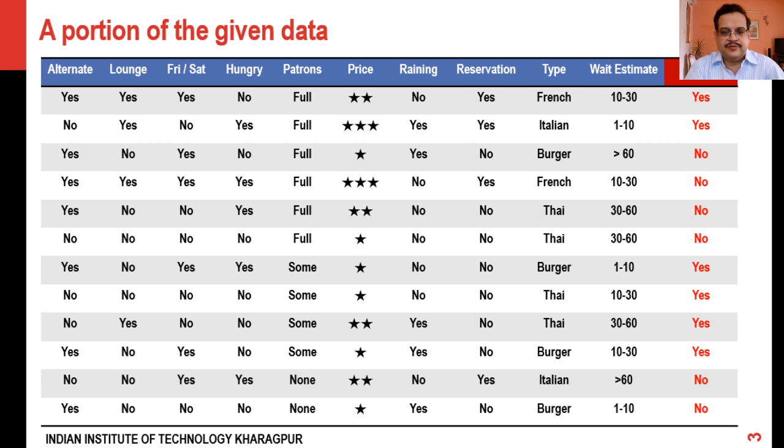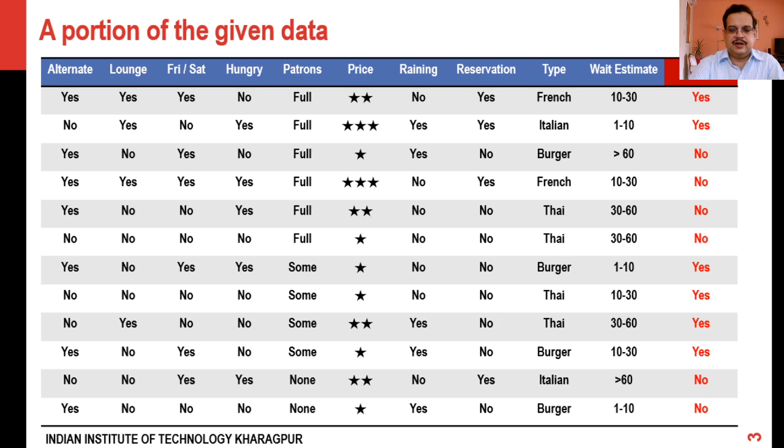Then this person for whom the data is given here decided to wait, so the decision was yes. And similarly, each of these rows corresponds to a different data item, corresponding to some customer waiting in some restaurant with some values of these attributes.